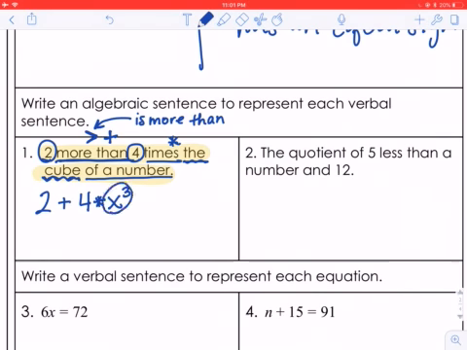So that's x to the third times 4, and then I'm adding 2 to it. Another way I might write this is 2 plus 4x to the third. I don't need that multiplication sign because it is implied when we have 2 numbers next to each other. So the 4 and the x when they're together. All right, go ahead and try number 2 on your own, and then let me know what you get.